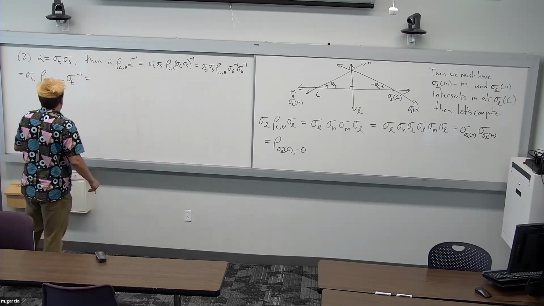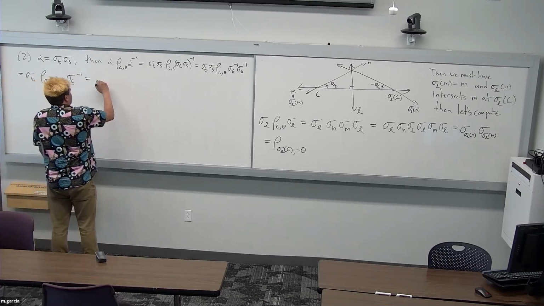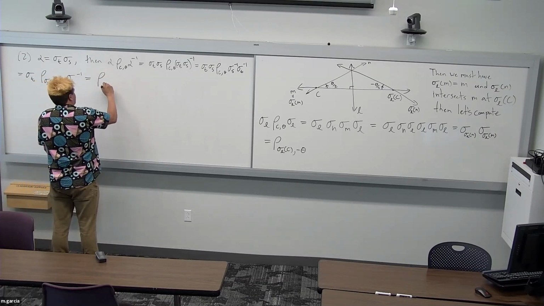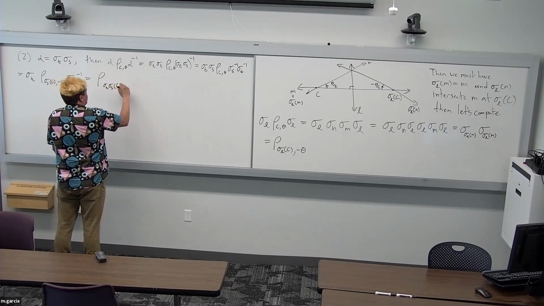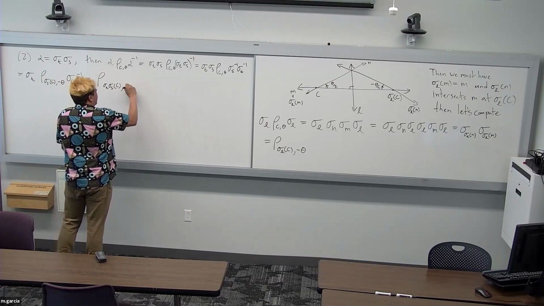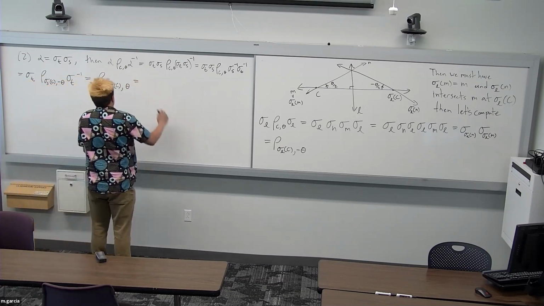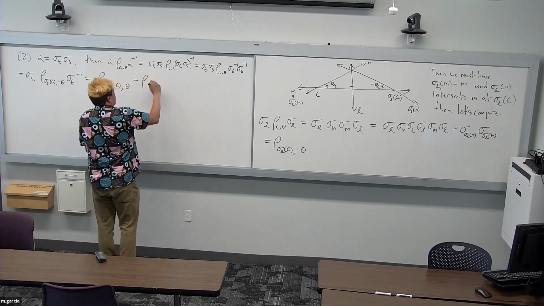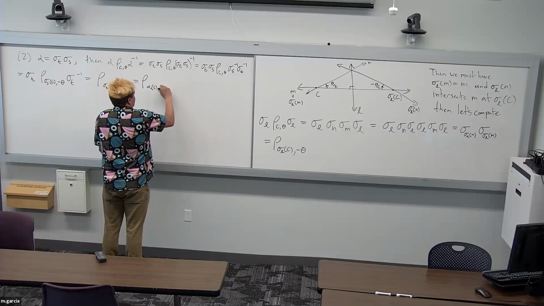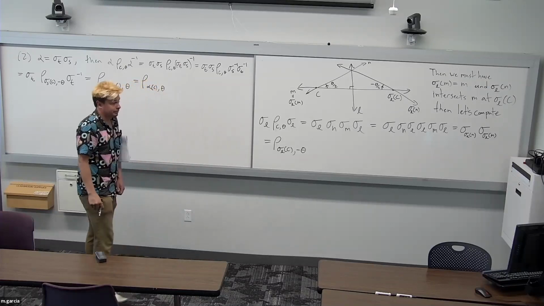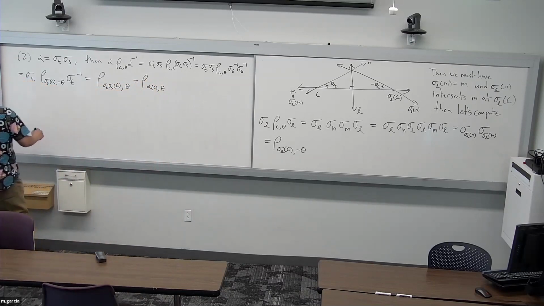And now we just apply the same rule, right? We get rho sub sigma t, sigma s of c, negative negative theta, which is just theta. We get rho sub alpha of c, comma, theta. Okay?